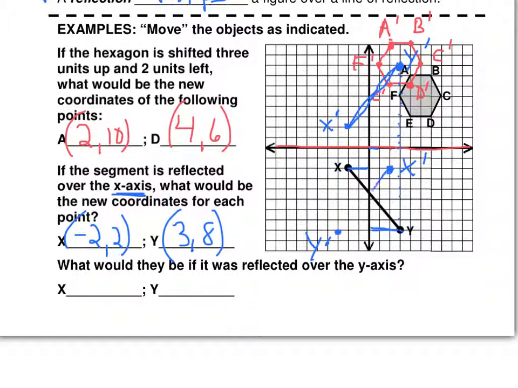And then I just connect it with a line, and then I write my new points. So this would be positive 2, negative 2, so 2, negative 2. And then this new point here would be negative 3, and then down to, I believe, 8. All right, so that's how you do that problem.